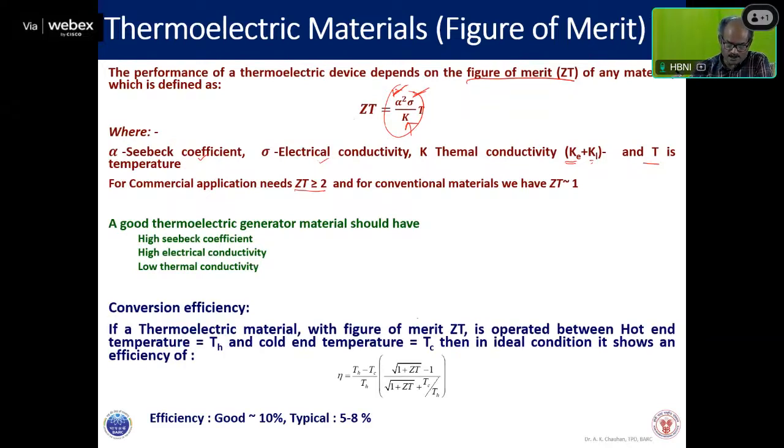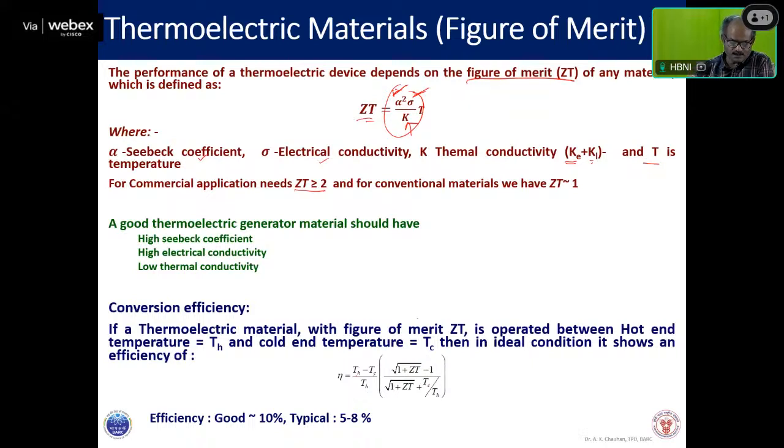And the conversion efficiency of any thermoelectric material is defined using this ZT value by this formula: TH, the hot temperature, minus TC divided by TH, times square root of 1 plus ZT minus 1, divided by square root of 1 plus ZT plus TC by TH.